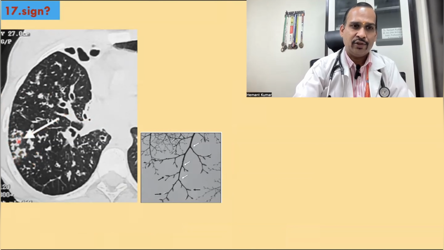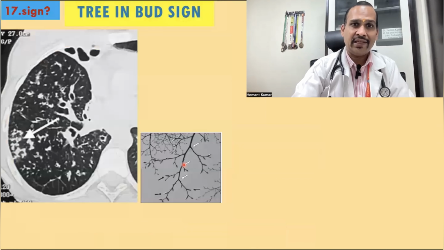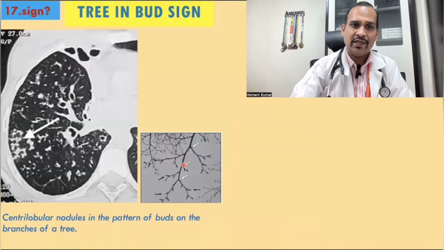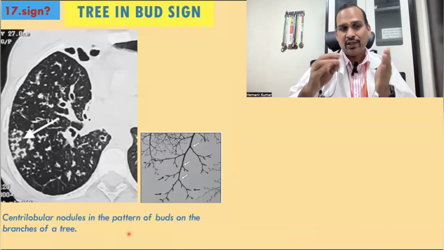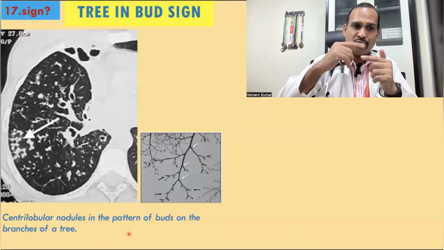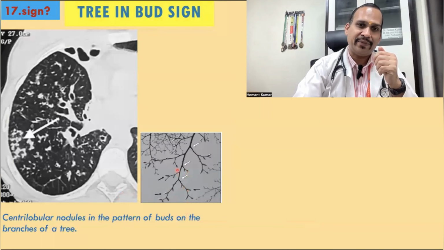This sign looks like a branch of tree. So this is tree in bud appearance. Okay. So what is this? This is centrilobular nodules in the pattern of buds on the branches of tree. So there are branches of tree. In that tree, you can find mucus. Because of mucus, it looks like a tree in bud appearance.